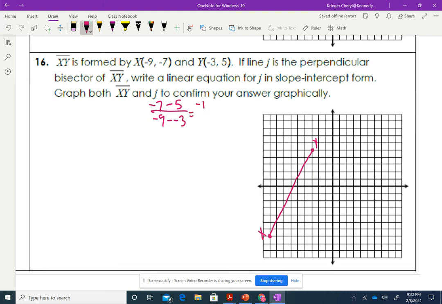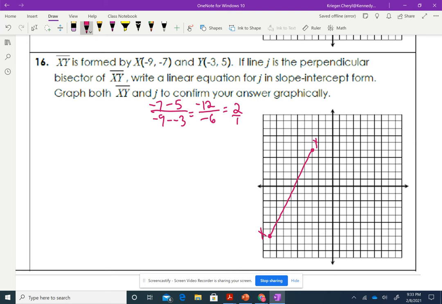That's negative 12 over negative 6, which is positive 2. 2 over 1, rise over run, right? So I did not mean to erase my line there. I'll go ahead and put it back. My slope is 2.